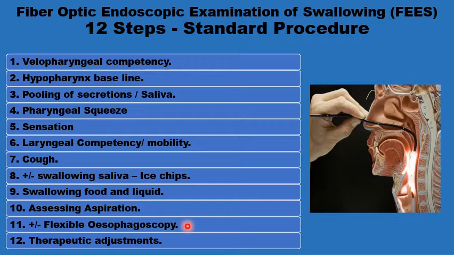And by the end, if you have identified the cause of the problem, you can start trying different therapeutic adjustments in terms of bolus volume, texture, consistency, rate of introduction, head positions, or efforts from the patient to swallow better.